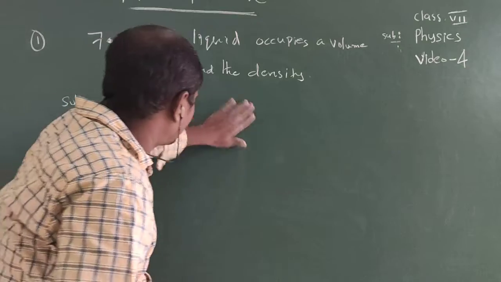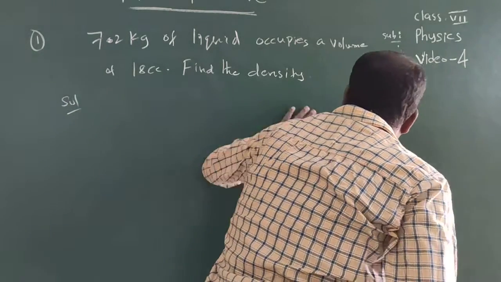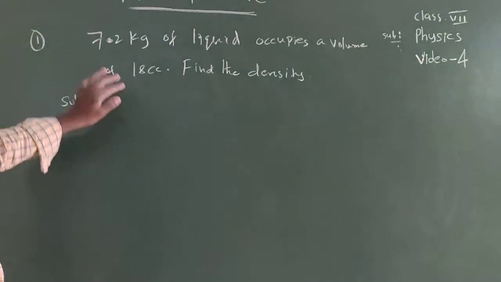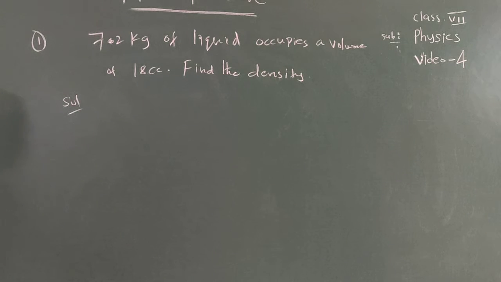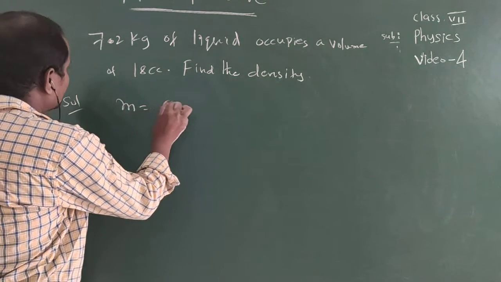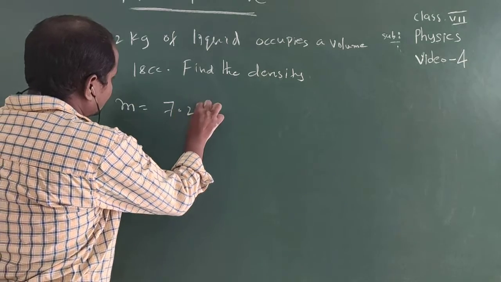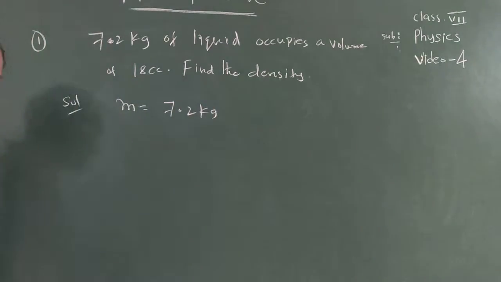Your mass is given, volume is given, but your mass is given in kg, meaning SI system, and V is given in CGS system. So convert into the same system. Mass equal to 7.2 kg.